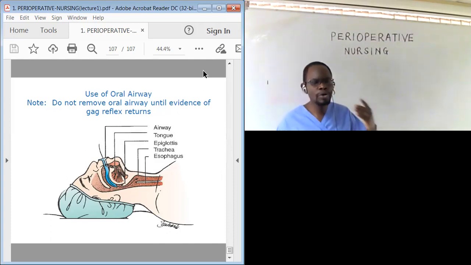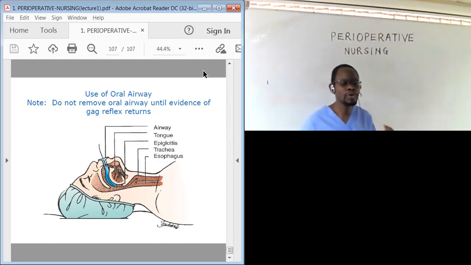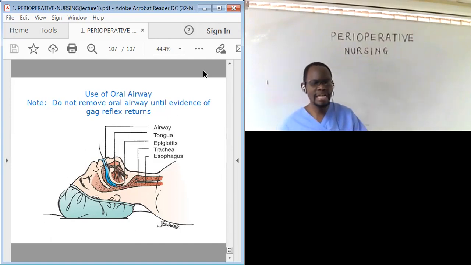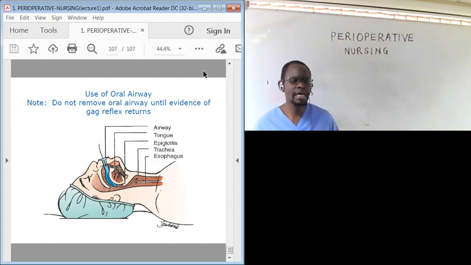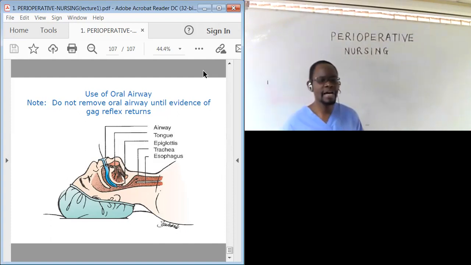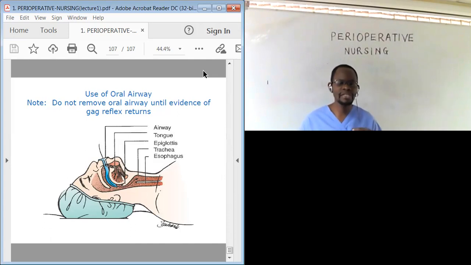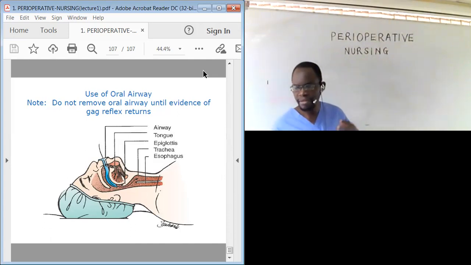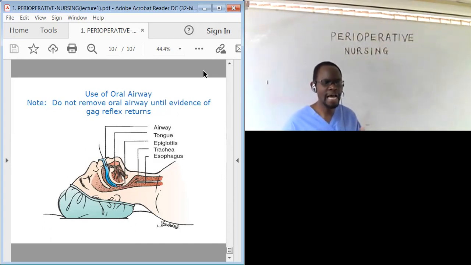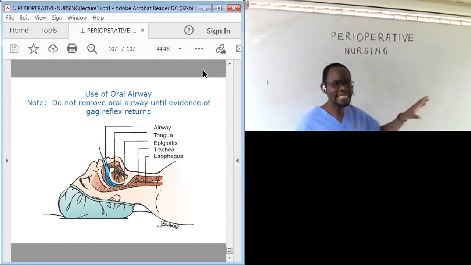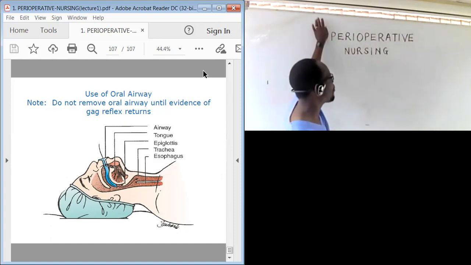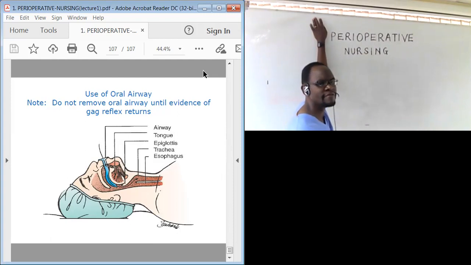We've seen who the stakeholders are, and the different roles that nurses perform as far as perioperative nursing is concerned. In intraoperative nursing, we looked at anesthesia, the different types of anesthesia that are given to the patient. And basically, that marks the end of our perioperative nursing.